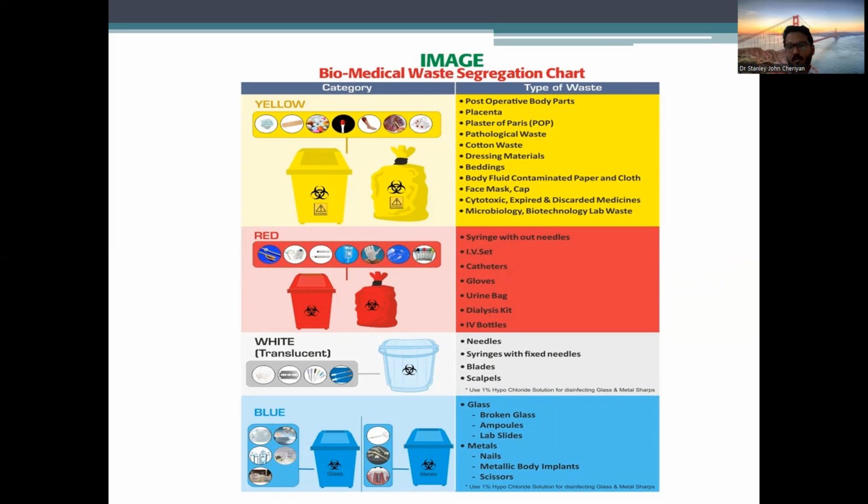Gloves, plastic waste and catheters should be thrown into the red bag. White is for needles, blades, or metallic sharps. And blue is for your ampules, broken glass, etc.